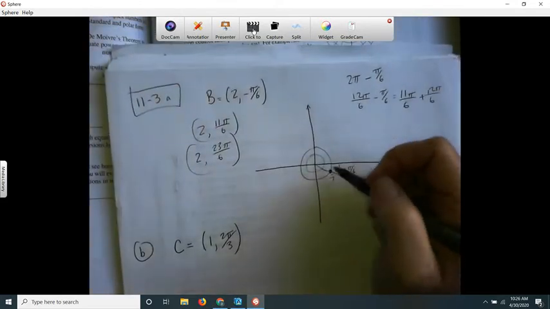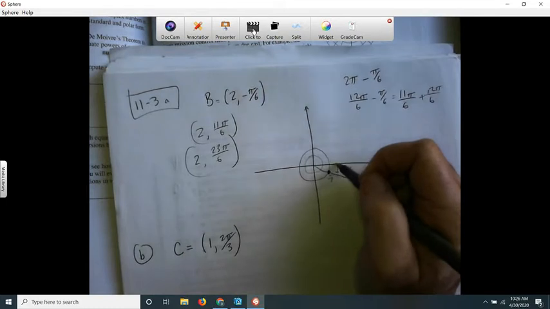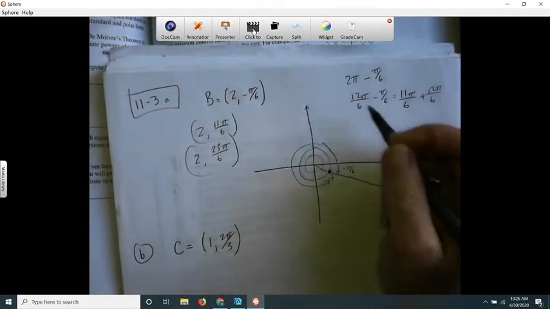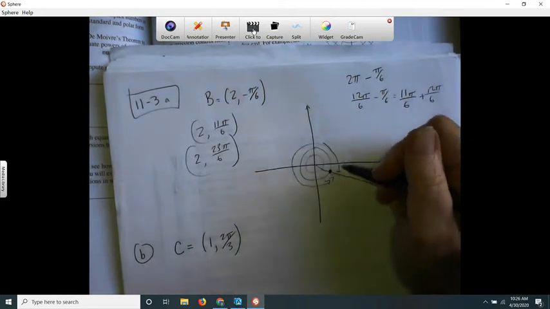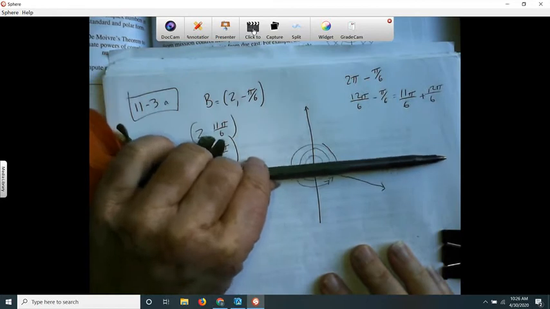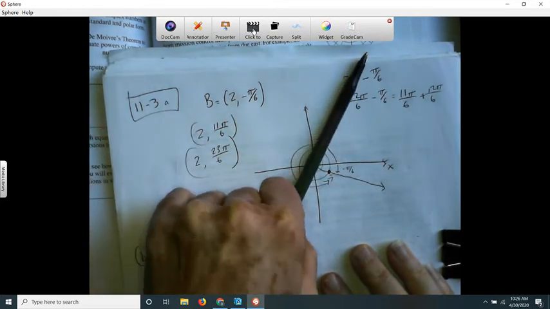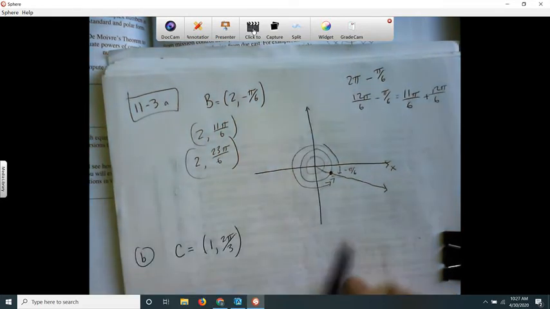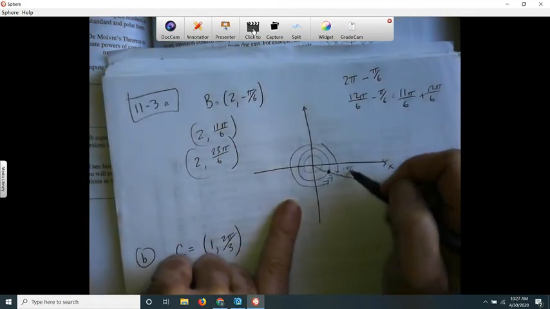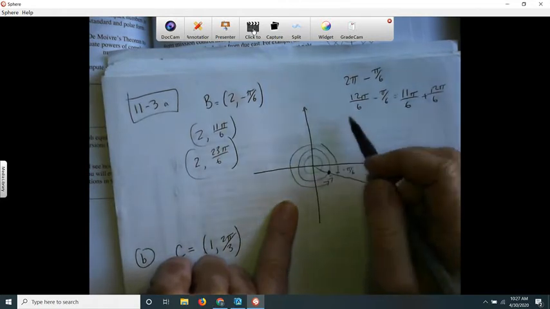Can't I go positive? If I go around this way, it looks like I made another radius. If I open my angle this way, in this direction, then this is no longer negative pi over 6.